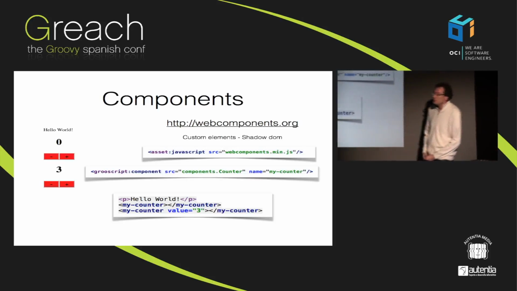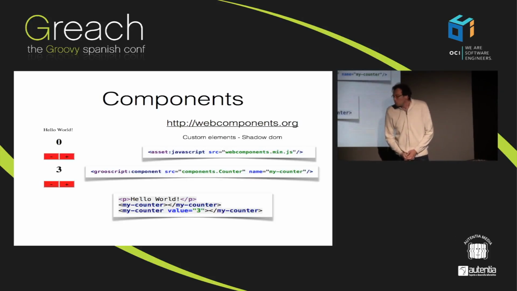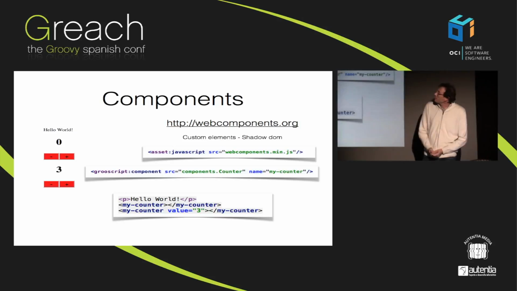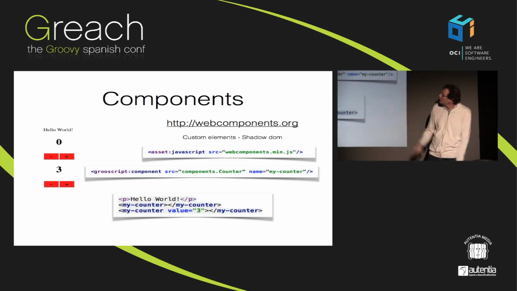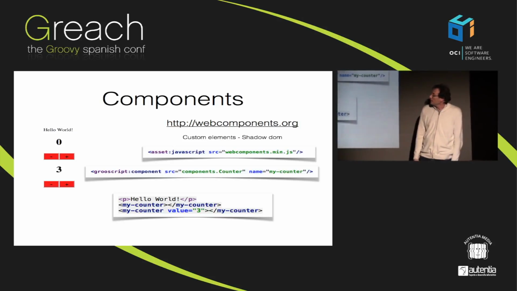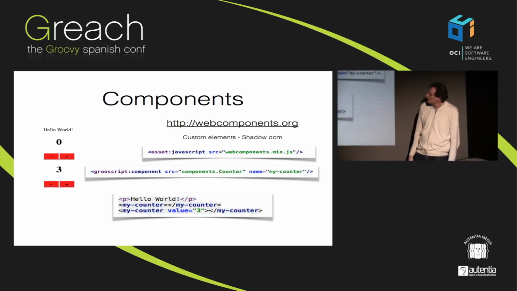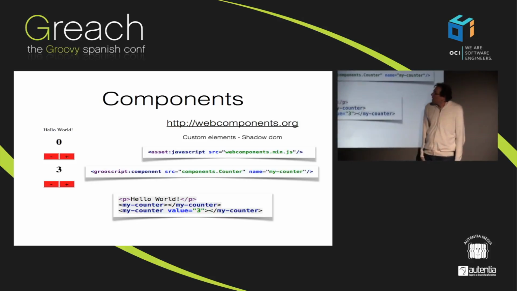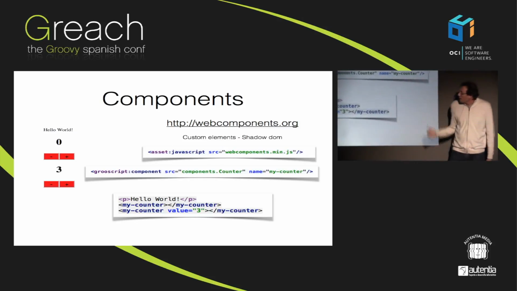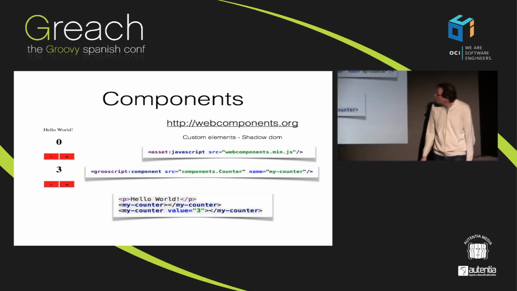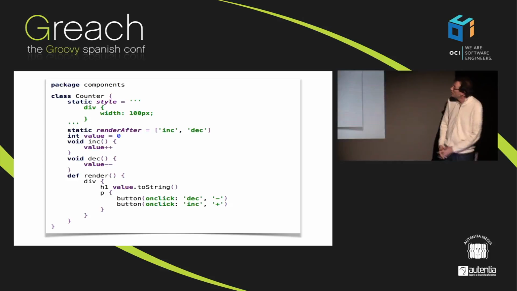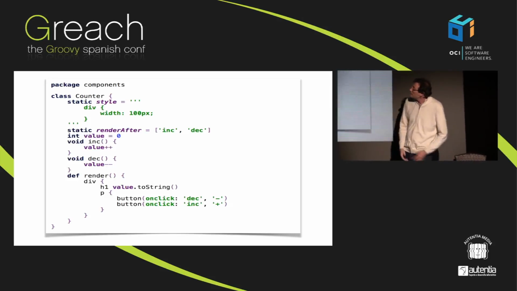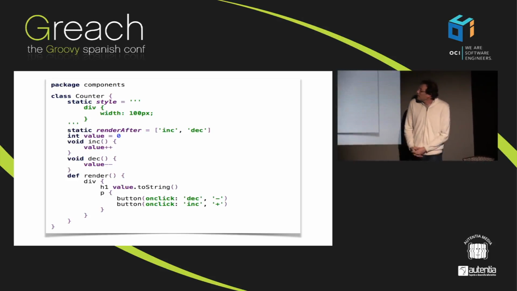And the last feature I have added to Grooscript is the ability to create web components. It's using the standard of web components, and you can use those components like the JavaScript standard. How to do that in Groovy? We see here, it's just a class where you can define a style.